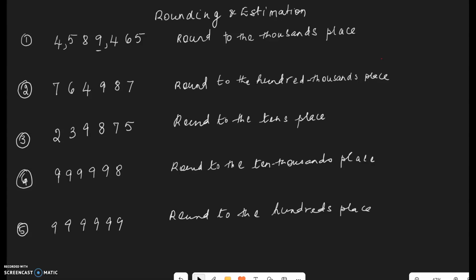The next step, look one place value to the right, and that number is going to tell us whether we need to round up or round down. So if the number to the right is less than 5, then we round down.